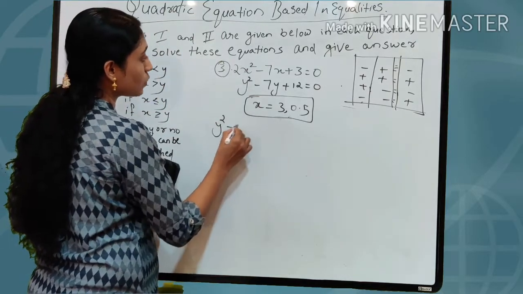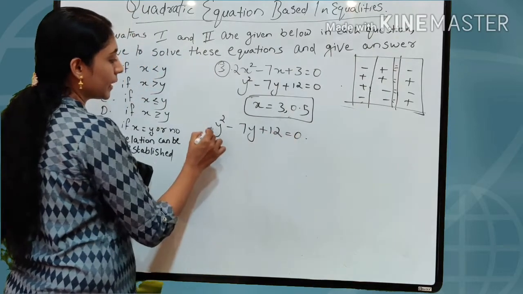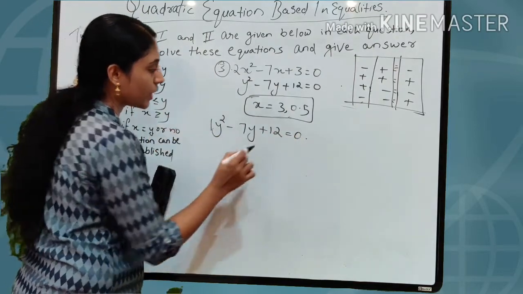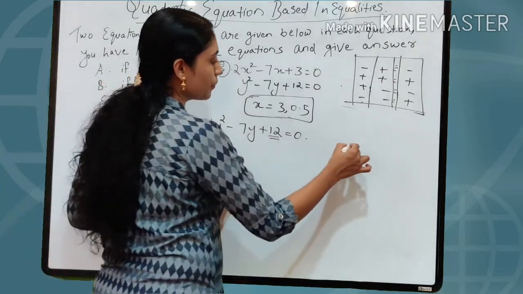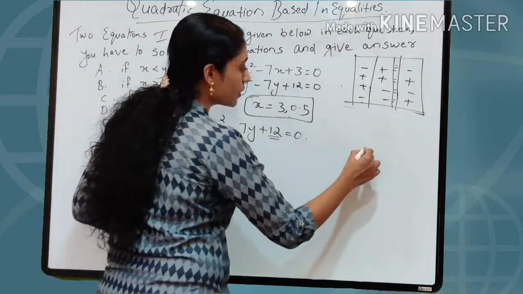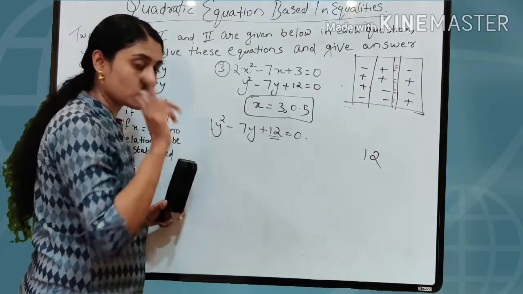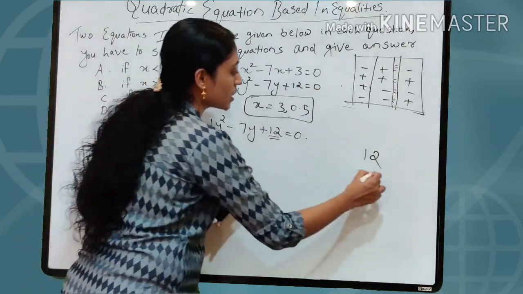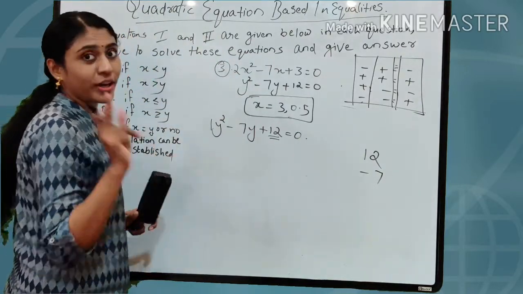The equation is y square minus 7y plus 12 equal to 0. So when we multiply the y square term, here it is 1. So we have to consider this term only because 1 into 12 itself is 12. So when we multiply any two numbers, we should get 12. And when we add or subtract those two numbers, we have to get minus 7. So which are the numbers? 4 and 3, right?